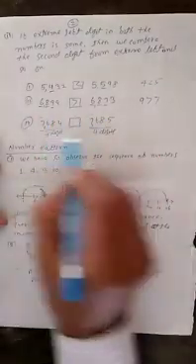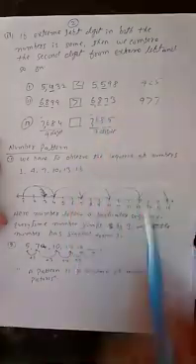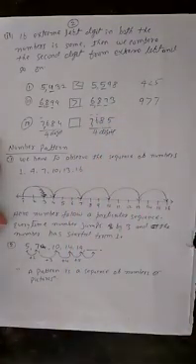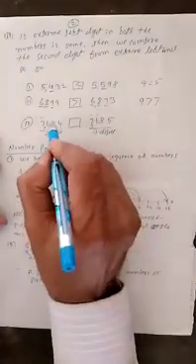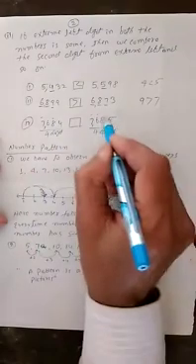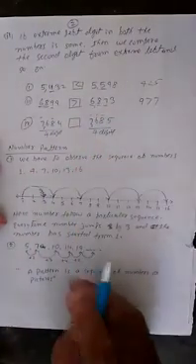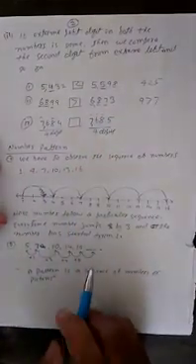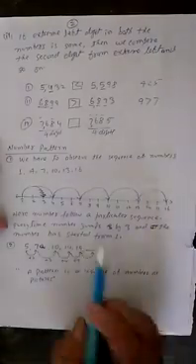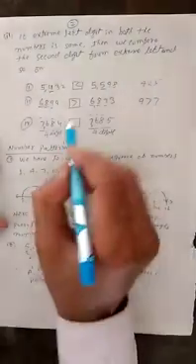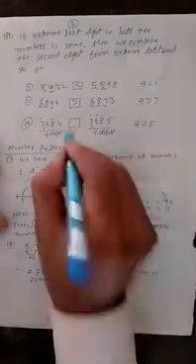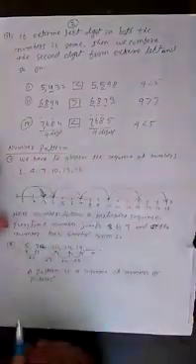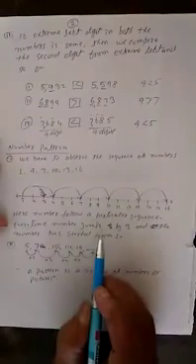The second digit is 6, in the second number also the second digit is 6. Here also we cannot decide which is greater and which is smaller. The third digit is 8 here, and here also the third digit is 8. Still we cannot decide which number is greater and which is smaller. Then compare the fourth digit. The fourth digit is here 4, and in the second number it is 5. 4 is less than 5. Here we can decide this number is less than the second number.